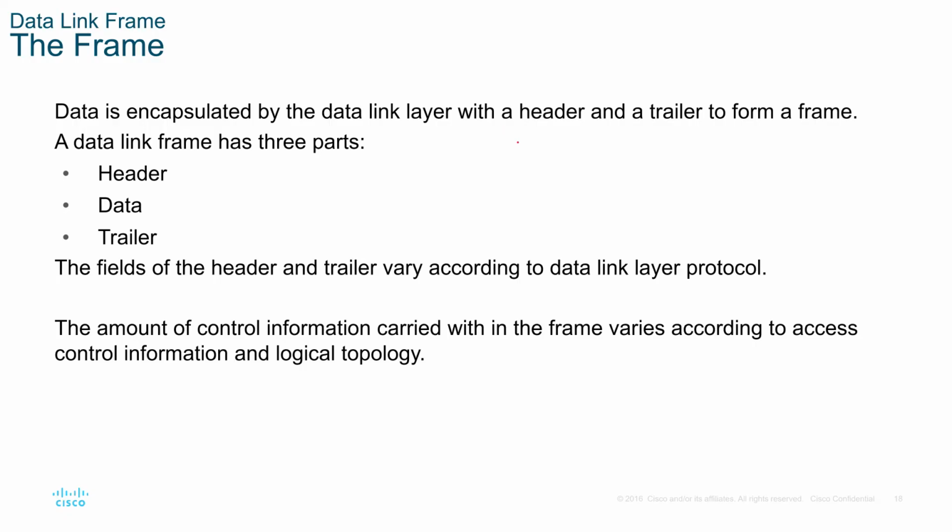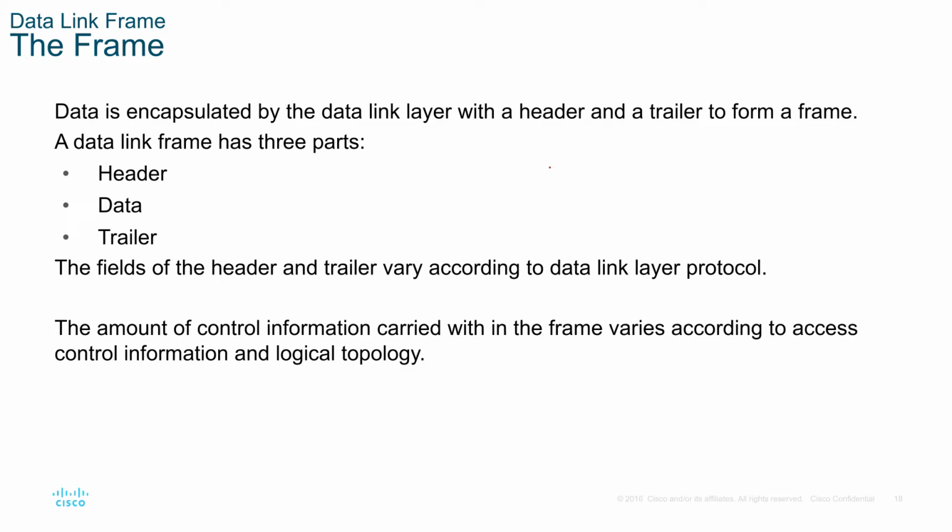The data link frame has three parts: the header, the data, and the trailer. The data is not only the goodput, the actual data that we are trying to transmit, it also includes the layer 4 and the layer 3 IP header.